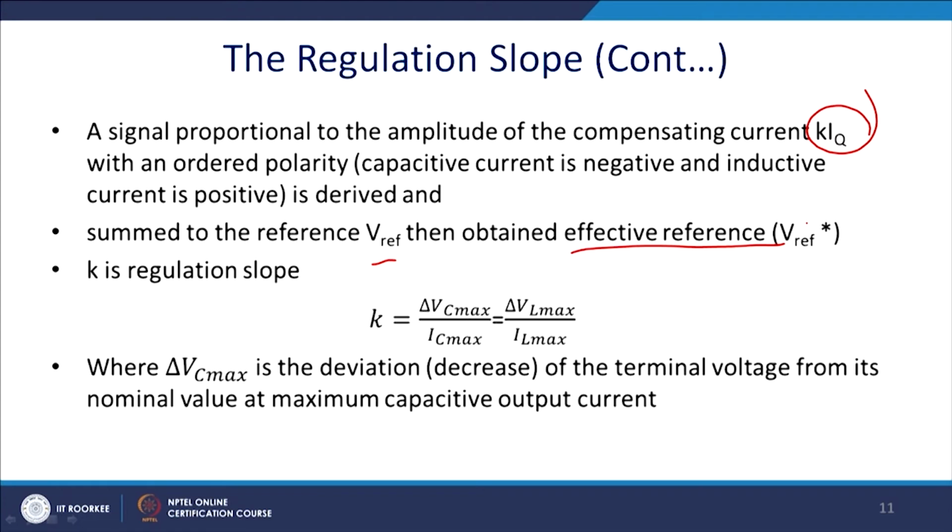Here, k is the regulating slope, given by delta Vc max by IC max or delta VL max by IL max, depending on whether you have capacitive or inductive compensation, where delta Vc max is the deviation or decrease in the terminal voltage from its nominal value at the maximum capacitive current.